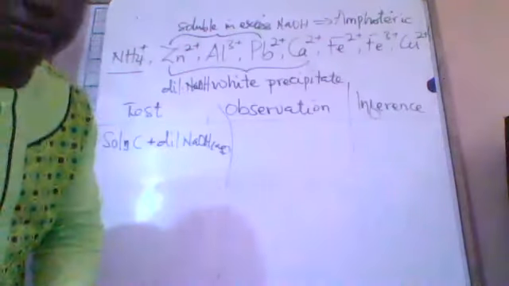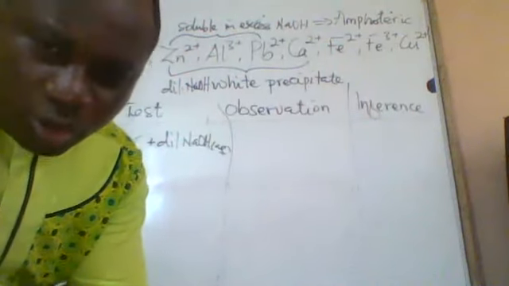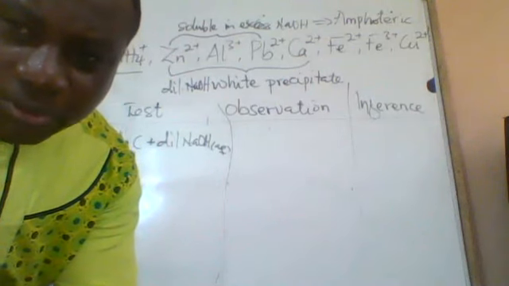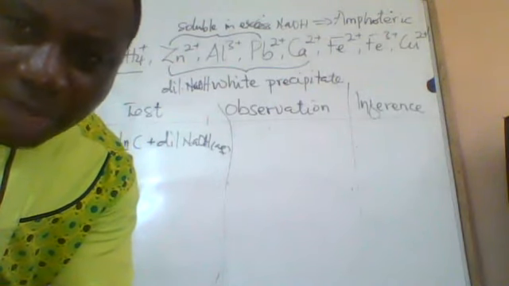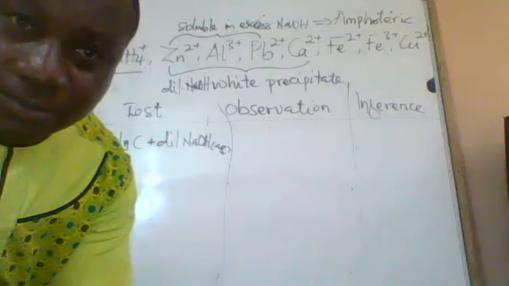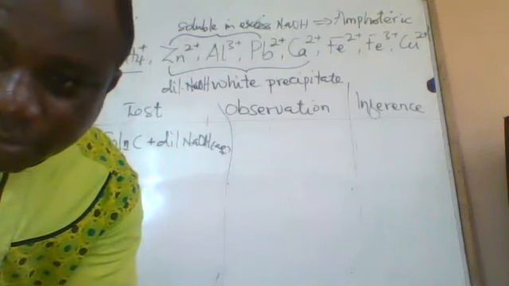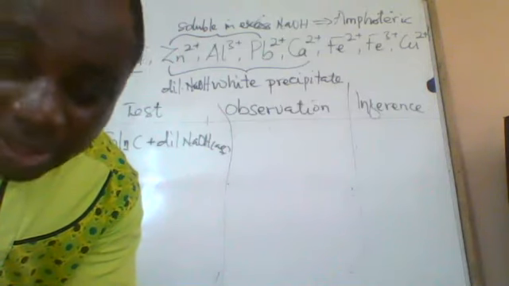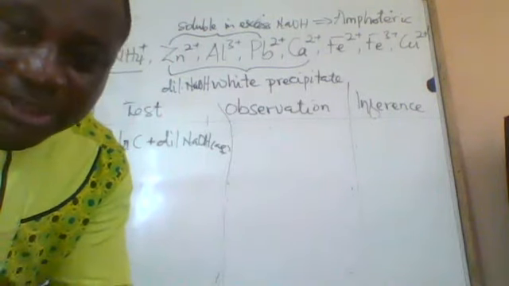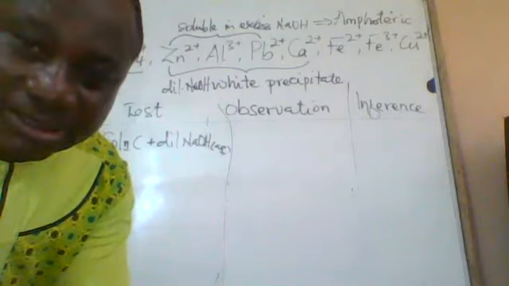Amphoteric substances. Do you know amphoteric substances? Who can help me? It can react with both acids and bases. Exactly. Amphoteric substances can react with both acids and bases.